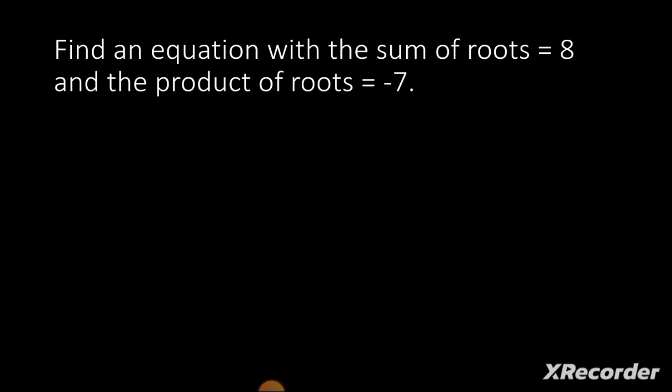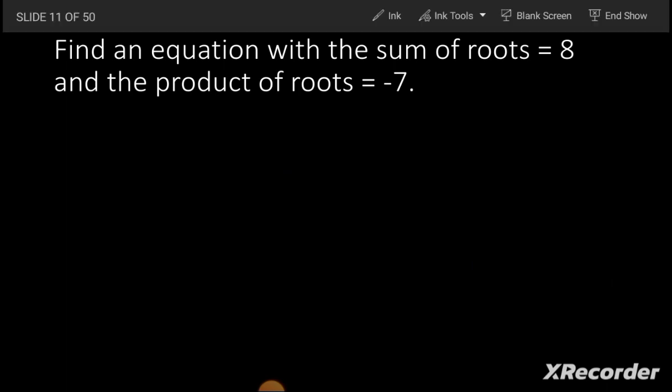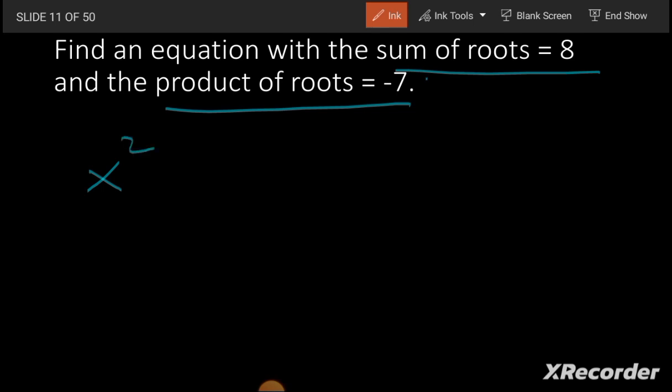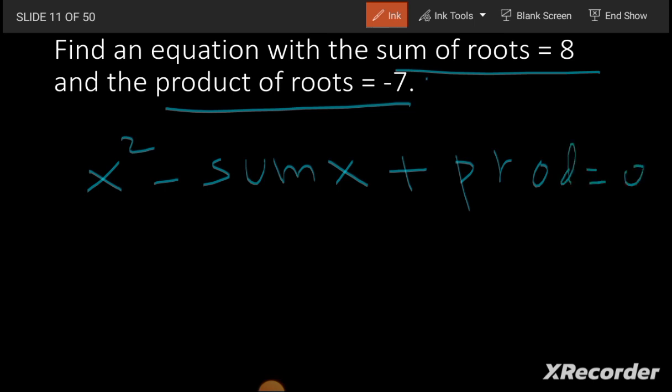Find an equation with the sum of roots equals 8 and product of roots equals negative 7. So we have a short method to solve this. If we are looking for the equation and the givens are the sum of the roots and the product of the roots, we start with x squared minus the sum of the roots plus the product of the roots equals 0.